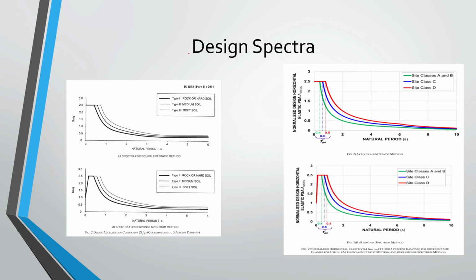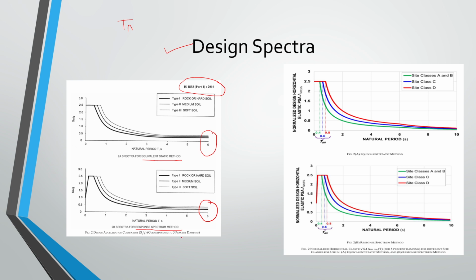Then very important, the design spectra. If you remember the time period of the response spectra for the equivalent static method as well as for the response spectrum method, as this is from 2016, it was up to 6 seconds.